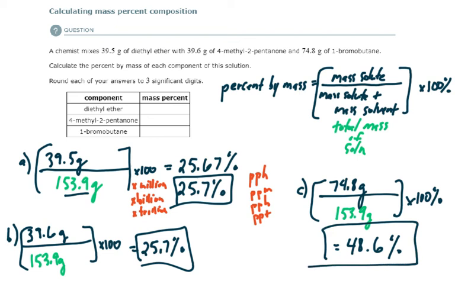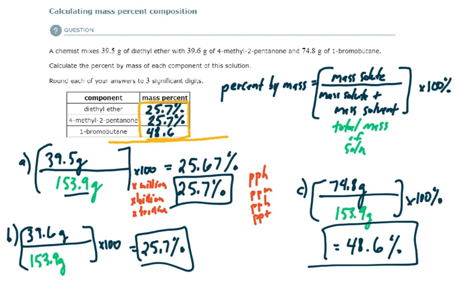So what we end up with is 25.7, 25.7, and 48.6. Now here's the thing that you want to check. These are our mass percentages for all of the components of this solution. If this solution is comprised of just these 3 components, then it should make sense that if I add up all of the mass percentages for each component, it should be 100% total.